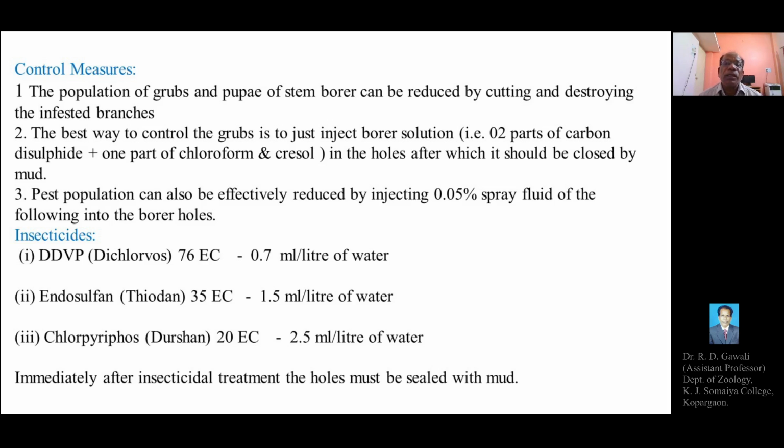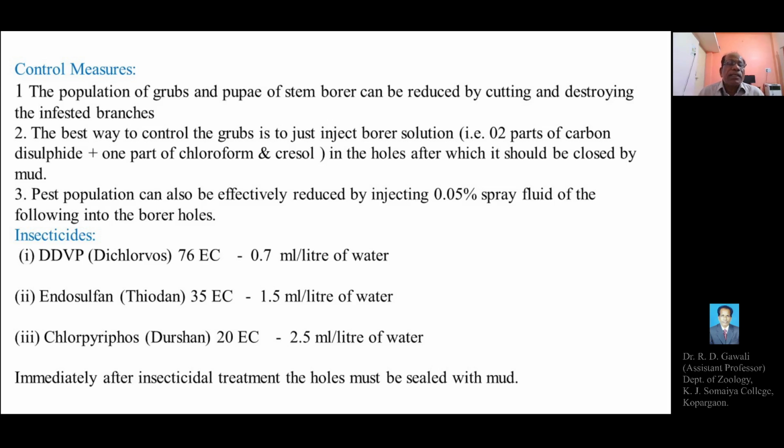The pest population can also be effectively reduced by injecting 0.05% spray fluid of the following insecticides or pesticides into the burrows or the holes on the shoot or the branches or the stem of the mango.